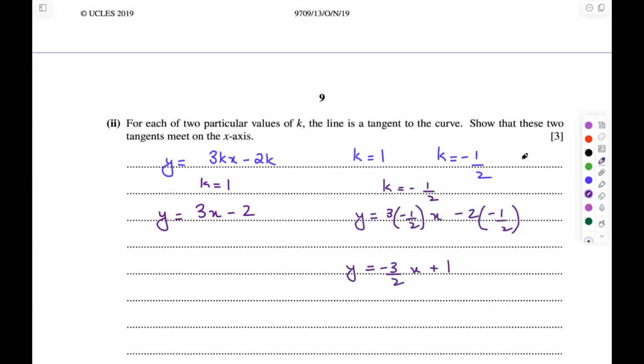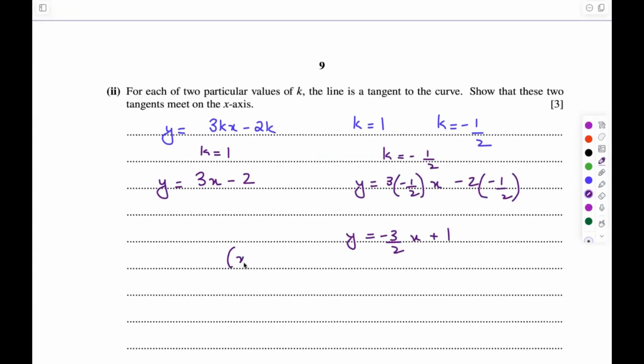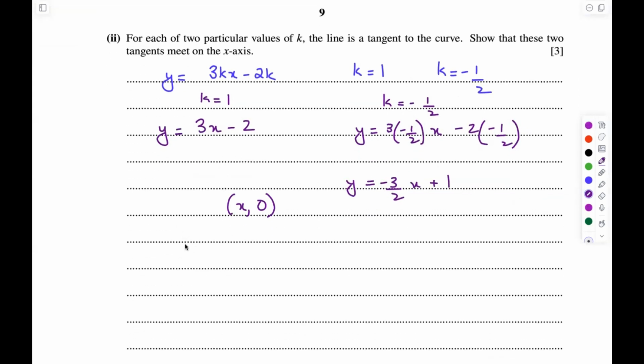Now, as we have to show that these two tangents meet on the x-axis, what we'll have to do is find the point of intersection. If they meet on the x-axis, it means that the y-coordinate will be equal to 0. So first, equating the two equations, we can find the value of x. This will become 3x minus 2 equals minus 3 upon 2 x plus 1.